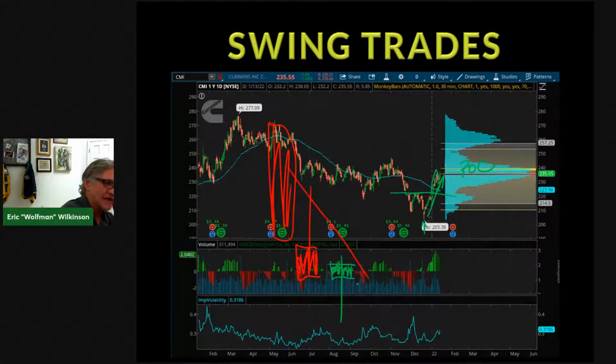That is usually a continuation. So don't get caught thinking, well, Wolfman said it at the bottom of a move, we've got this, even if it's red. When they back up to each other like that, that is more of a continuation pattern.